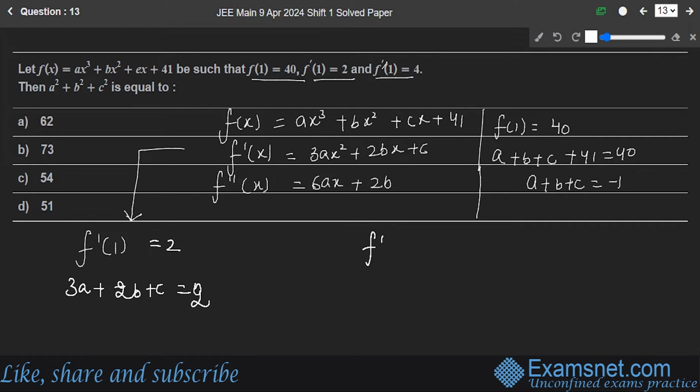Also, f double dash 1 is equal to 4. So 6a plus 2b is equal to 4.